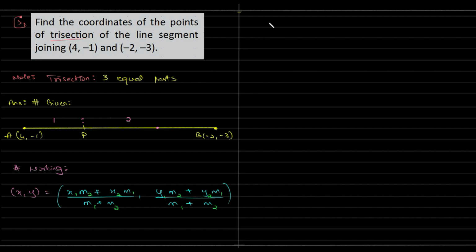So this is your formula. We'll find point P, which is (xP, yP). It's easier to represent this way.